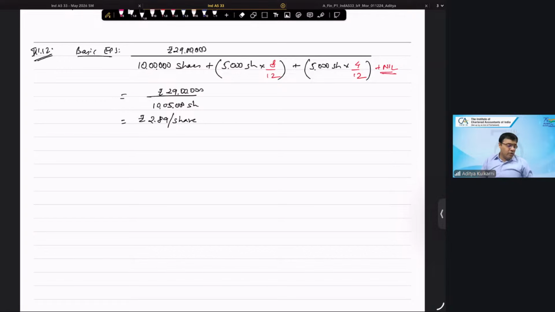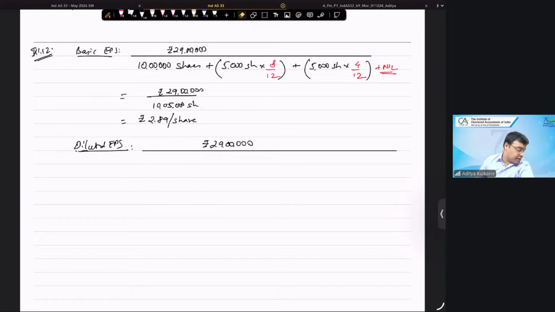Now when we talk about diluted EPS, 29 lakhs. Okay. Now 10 lakh, 5,000 shares. This is from basic plus.